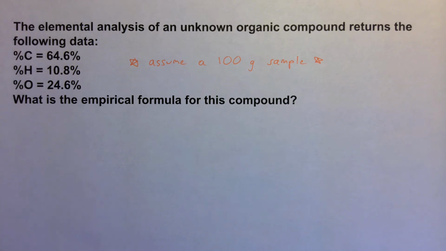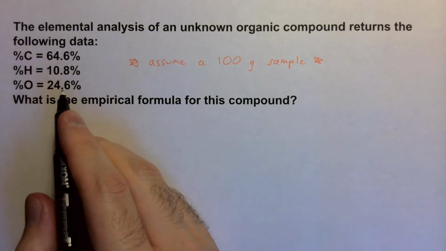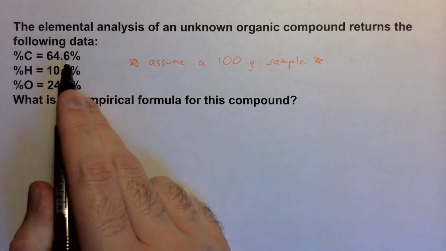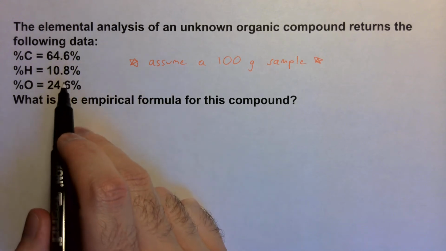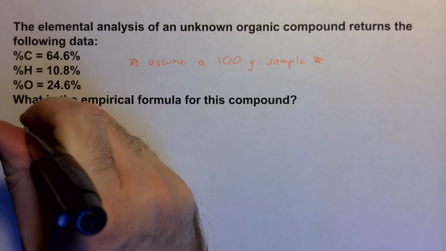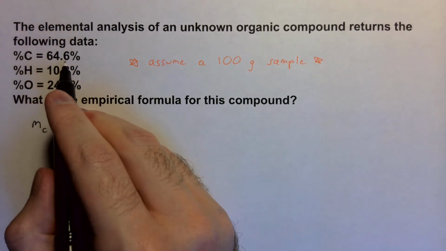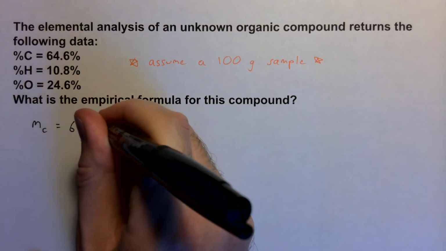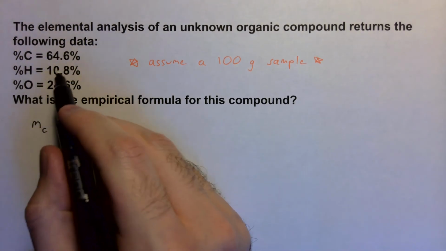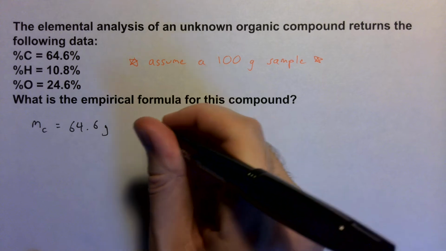Now our next step is we're going to have to find the number of moles for each of these elements. So we know that if we have a 100 gram sample, we're going to find the masses pretty quickly. So the mass of the carbon, 64.6%, we can just say that that's 64.6 grams because we're assuming a 100 gram sample.